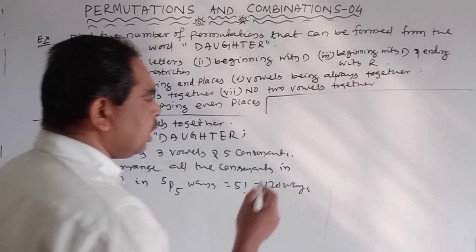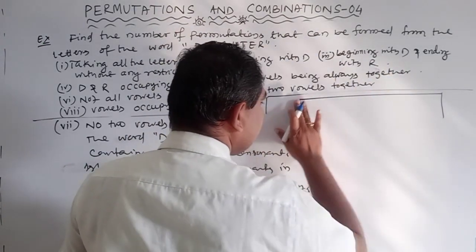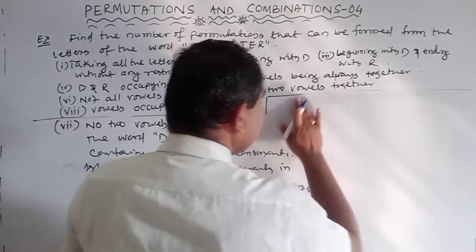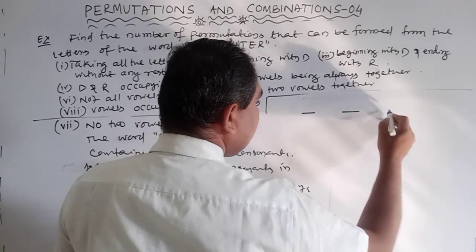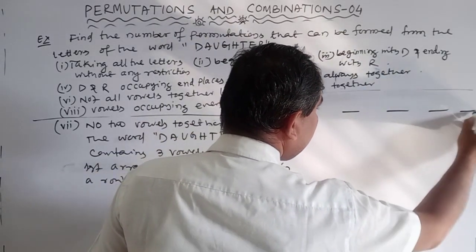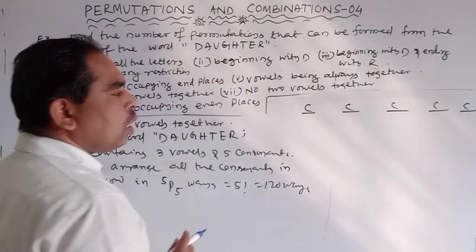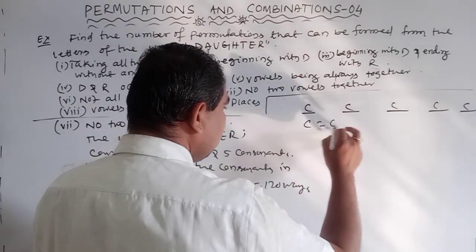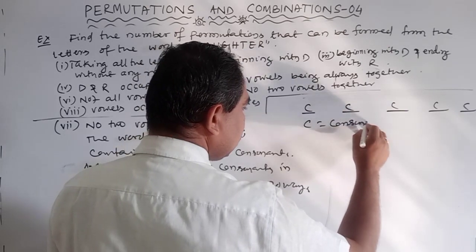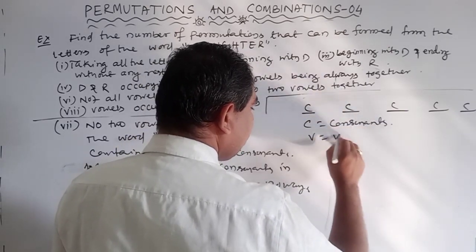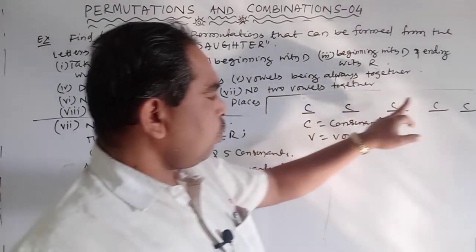Look here: consonant 1, 2, 3, 4, 5. It is C, C, C, C, C, where C stands for consonant and V for vowel. So there are 6 gaps among the 5 consonants: 1, 2, 3, 4, 5, 6.